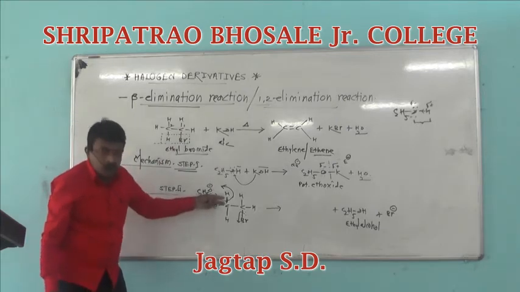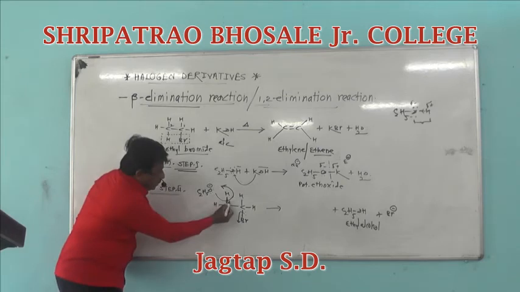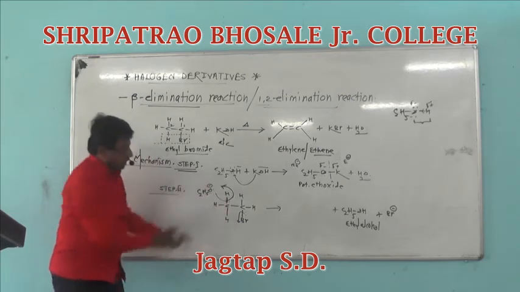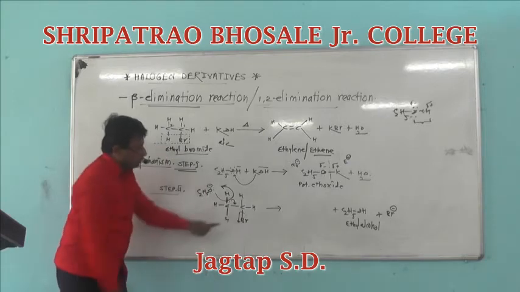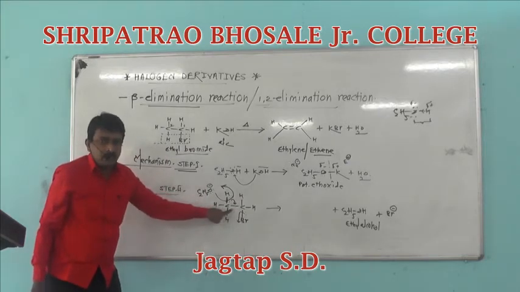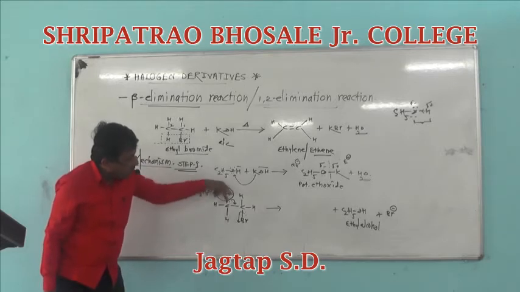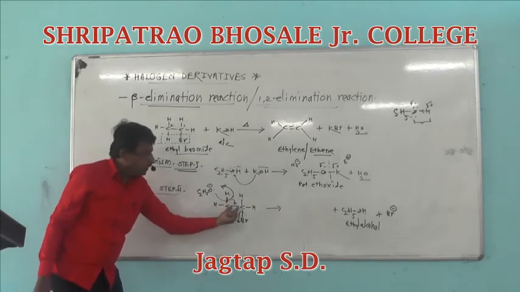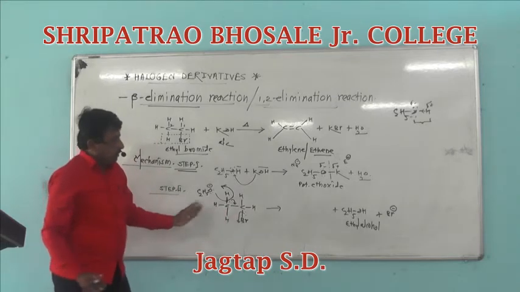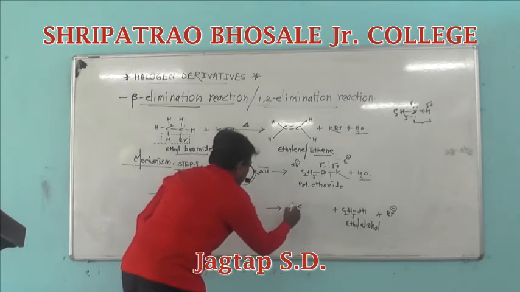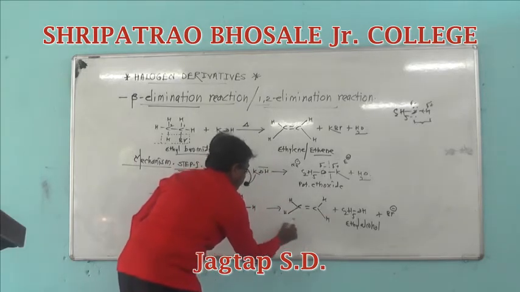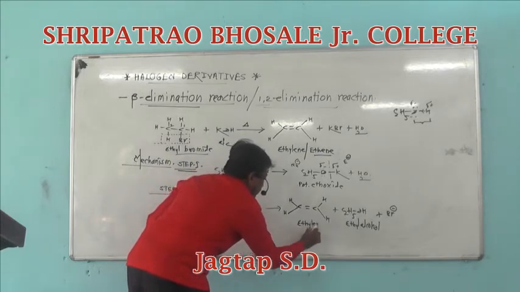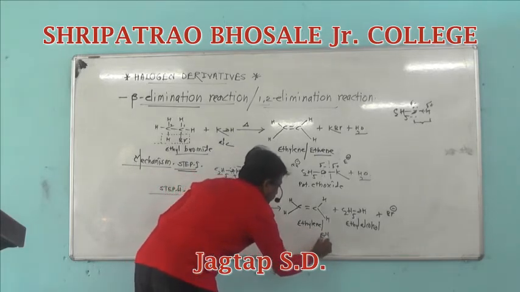Then the two electrons in the C-H linkage form a new covalent bond between the adjacent carbon atoms, forming the corresponding alkene, that is ethene. The product may be ethylene, also known as ethene.